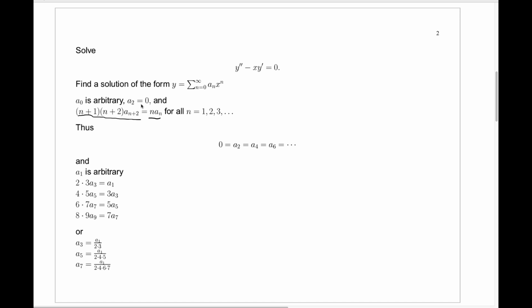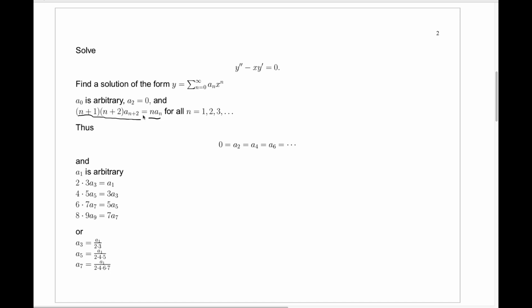Let's look at some of the consequences. Well, if we consider only even numbers n, start with, say, n equals 2, you'll have 2 a2 equals a4 times 3 times 4. But if a2 is 0, that tells you a4 is 0. And then if you go back here, if n is 4 and a4 is 0, that tells you a6 is 0.